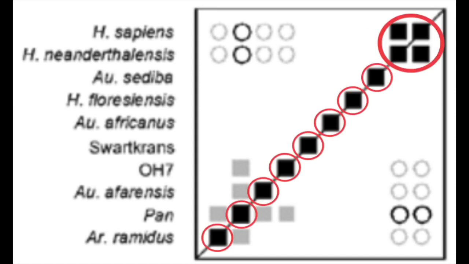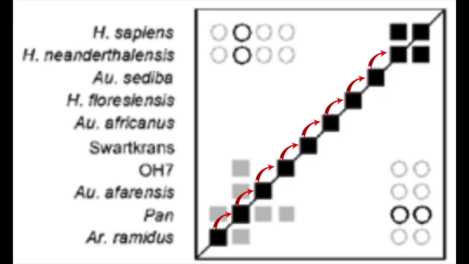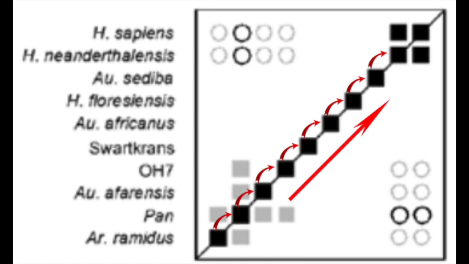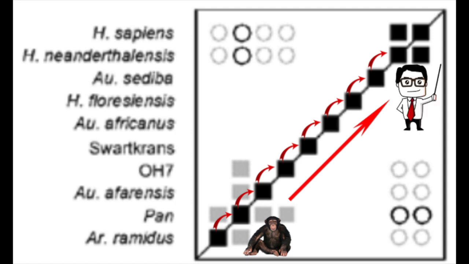Yet, if you look at the chart, it looks like either an independent origin or a transitional evolutionary line to me. I mean, look. It's a perfect line of transitions, going from Ramidus and chimpanzee, transitioning all the way up to Sediba, and then ending on us, modern-day people of today. That is exactly what evolutionists would look at and say, this is what we expect to see.